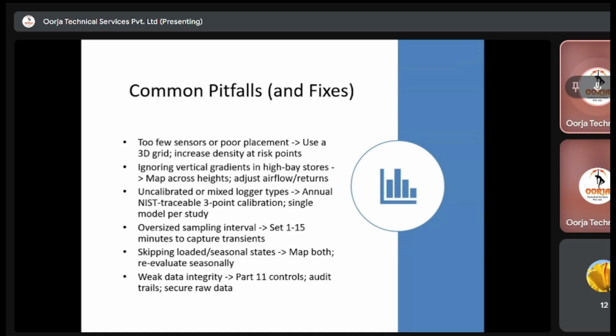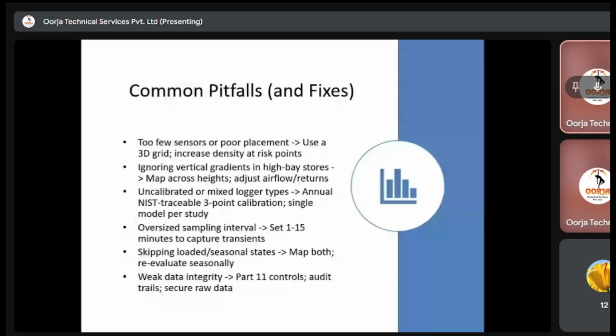As we said earlier in this session, we must have the same type of data logger during the activity. It can be Testo, Logtech, or Rotronic, whatever it may be, but only a single type of logger, and preferably the same model. If we are using the same type of data logger, the same specification will be there, and we will have more uniform data. It will eliminate the risk of having different data.